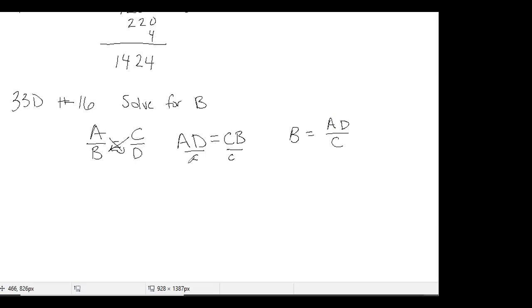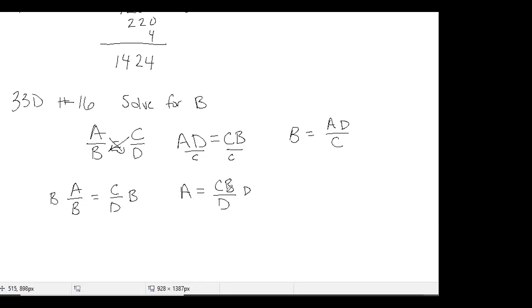If it didn't quite look like cross multiplying to you, another way to do it would be, we have to get B in the numerator, even though that's what we're trying to solve for. So we would multiply both sides by B, and we would have A is equal to CB over D. And now I'm going to get D out of the denominator, because I want to get B all by itself.